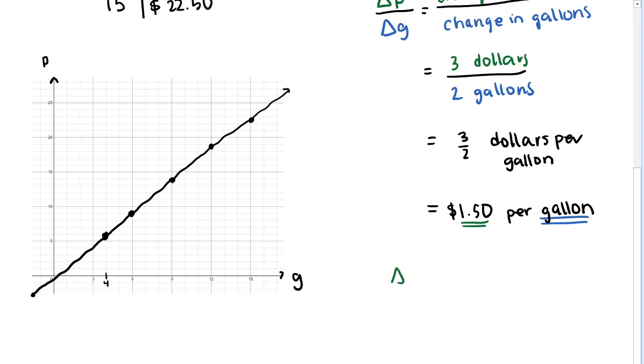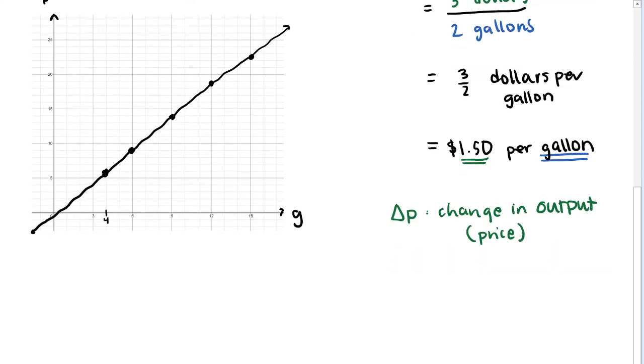Right, change in P, delta P, or this is the change in output, in this case the price. Graphically, this is the vertical distance between 2 points, right?